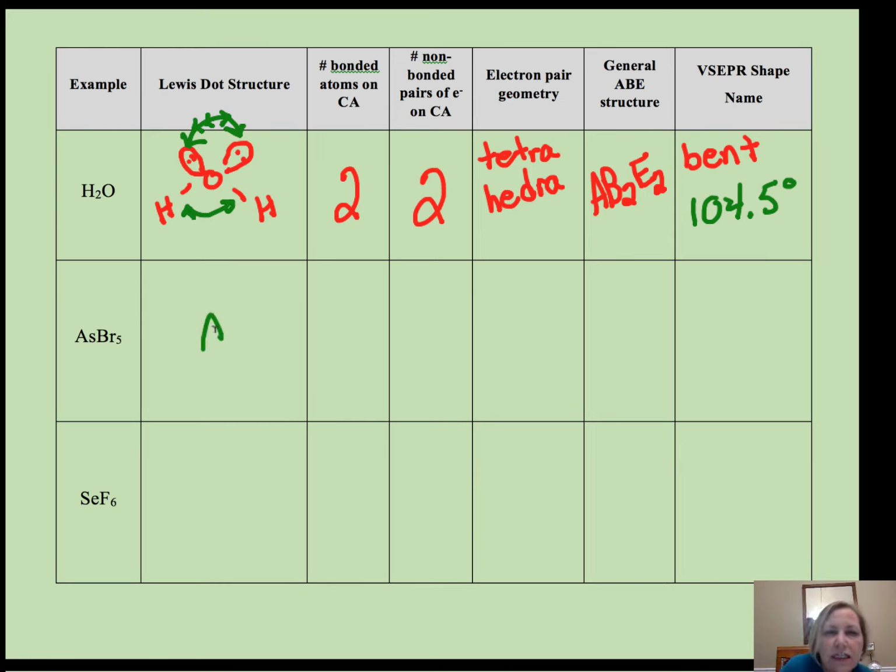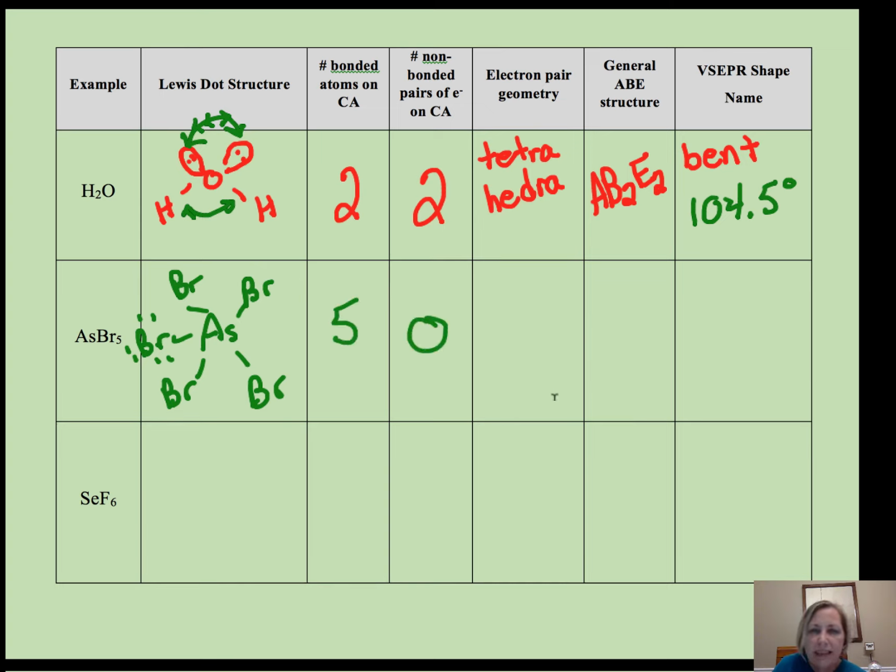Okay, now I have arsenic, and I've got 5 bromines around it. And all of those have a complete octet. I'm not going to spend the time drawing that. But you see we have 5 bonded, 0 non-bonded.